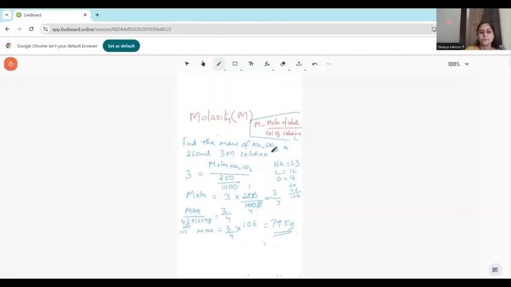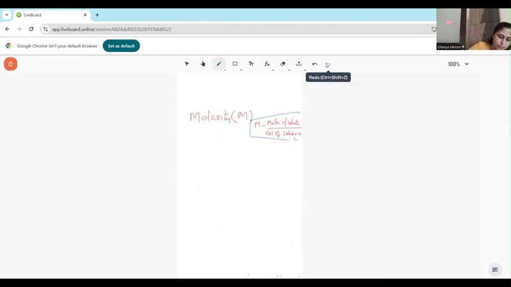Right. Now, there's another question. Find the molarity of 10 percent weight by weight aqueous solution of H2SO4.